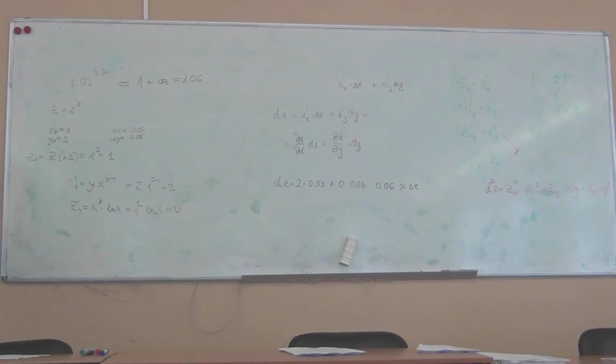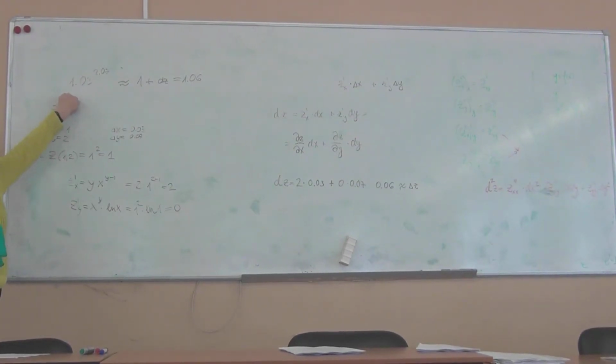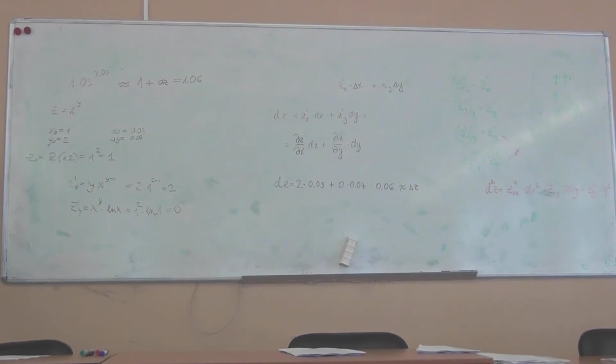If you have a calculator handy, you might check. You could try to check. So 1.03 to the power 2.07. Just see how different from this it is. All you have to do is punch some numbers into your phone calculator.